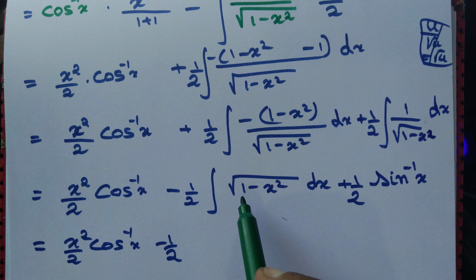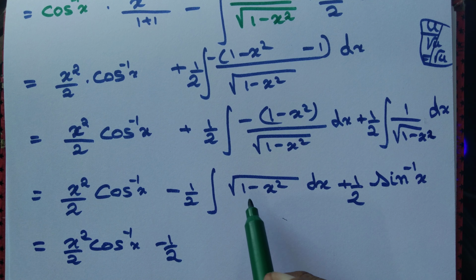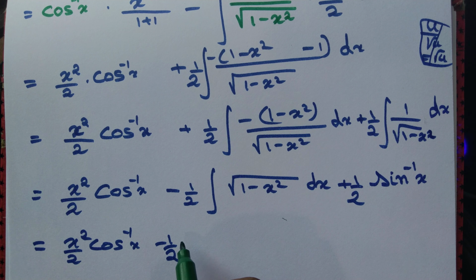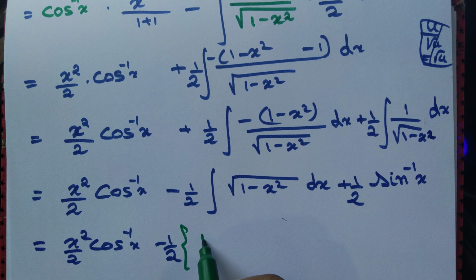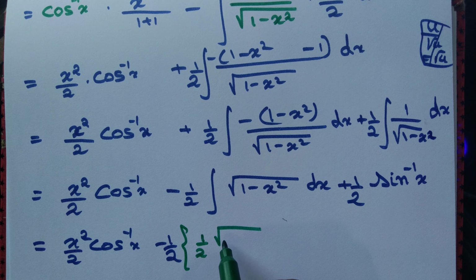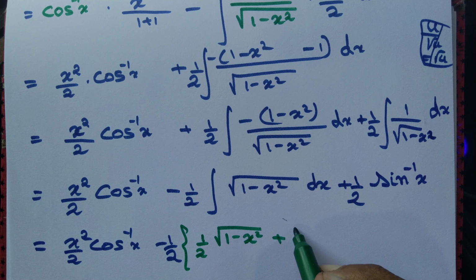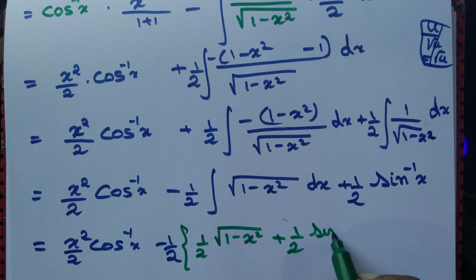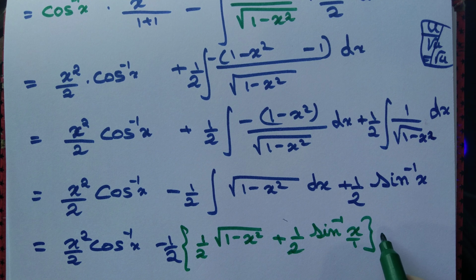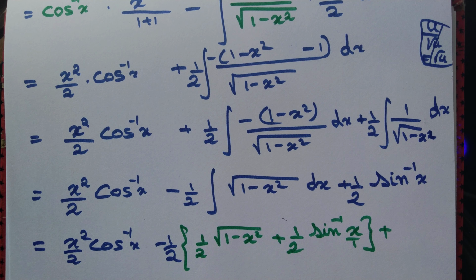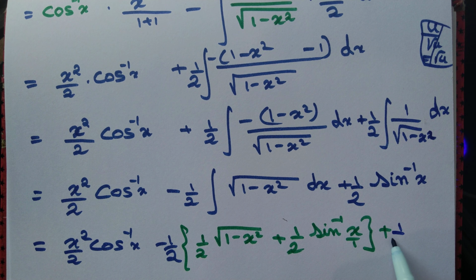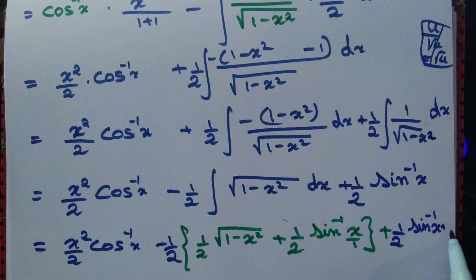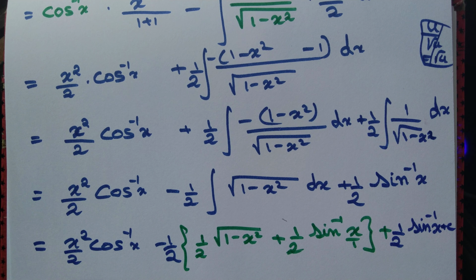Now this is a standard integral of the type root over a square minus x squared dx, that is simply equal to x by 2 root over a square minus x square plus a square by 2 sine inverse of x by a, with a equal to 1, plus half sine inverse of x. Of course, we got an indefinite integral, so there is some constant of integration.